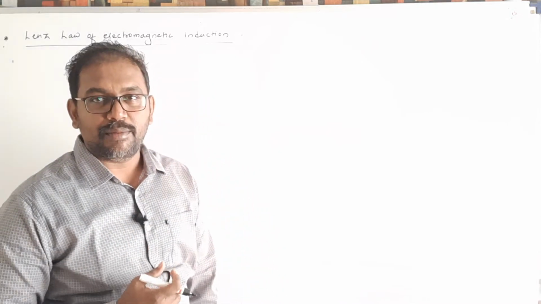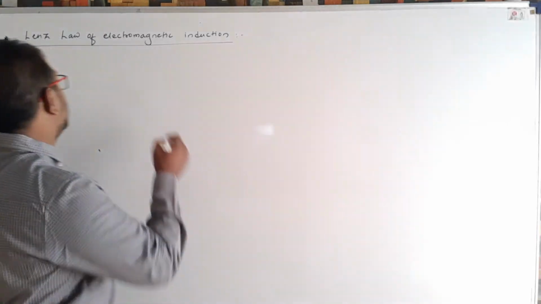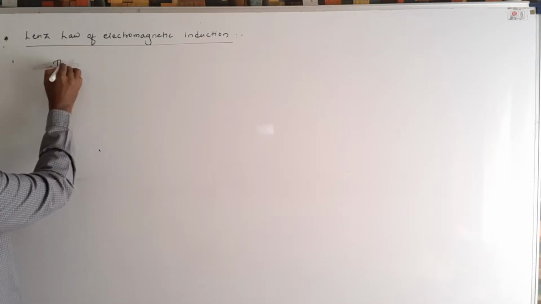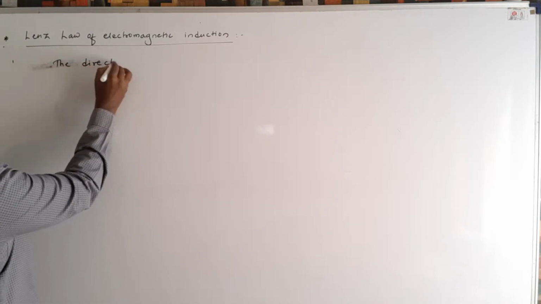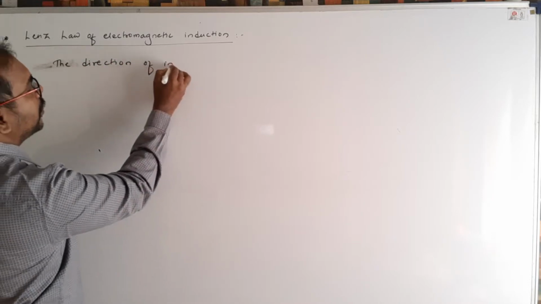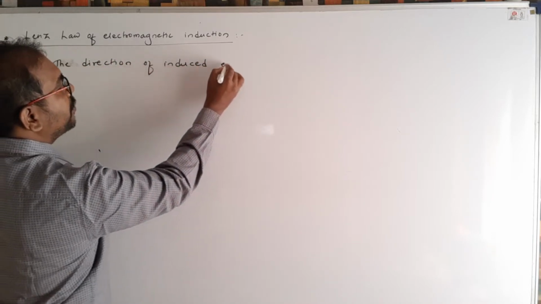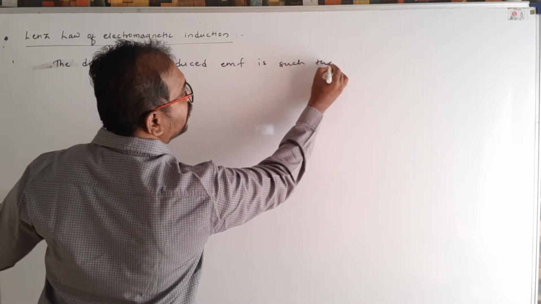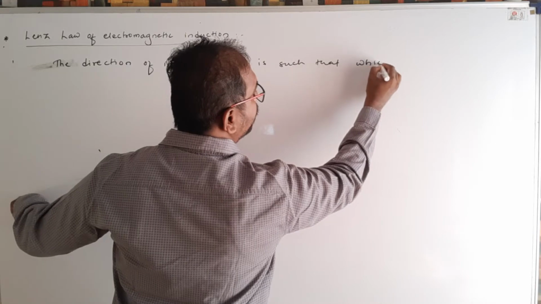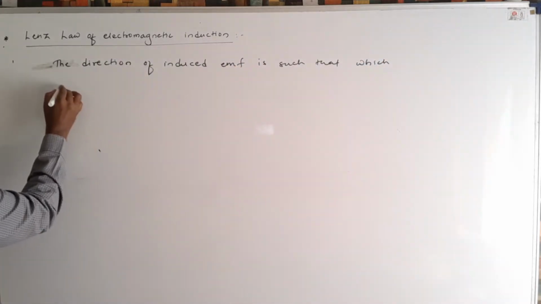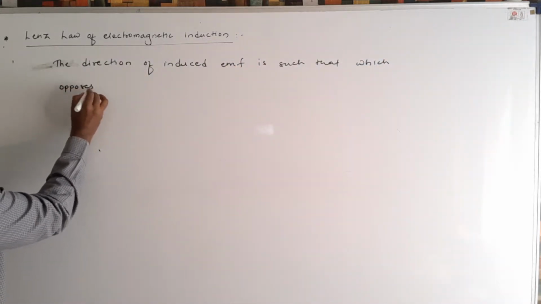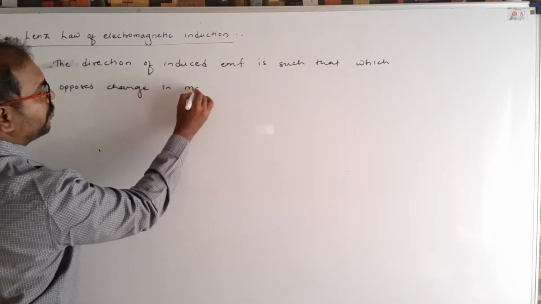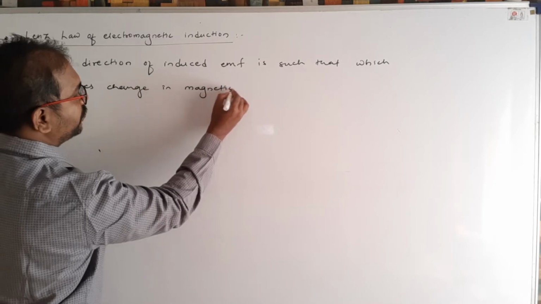Now let's see the statement of Lenz's law. The statement is: the direction of induced EMF is such that it opposes the change in magnetic flux.